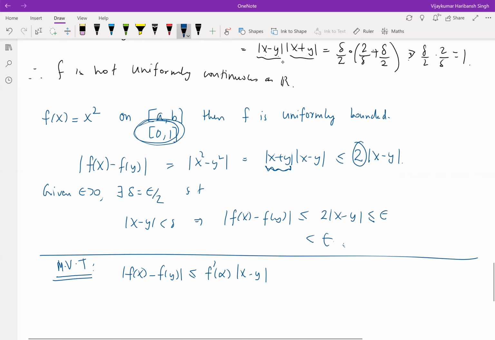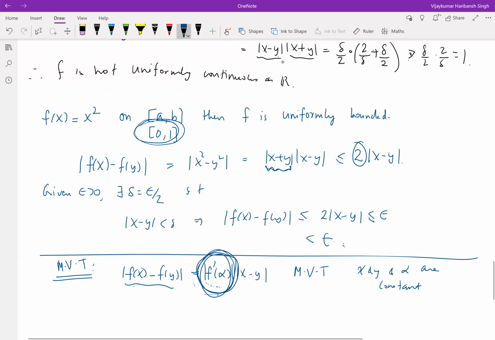This is a variation of the mean value theorem. Essentially, if you take all x and y, you can show that if the slope is bounded, then you can prove that it's uniformly continuous.